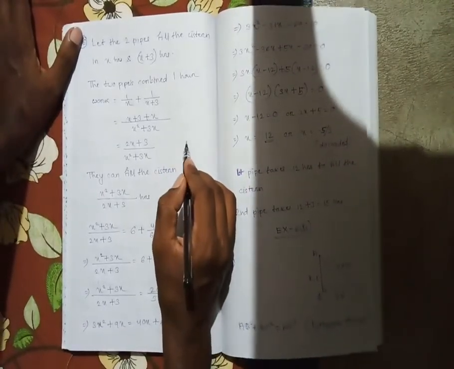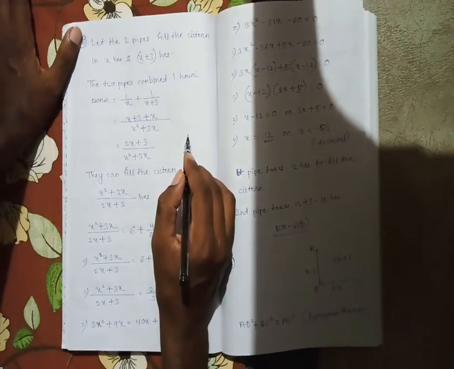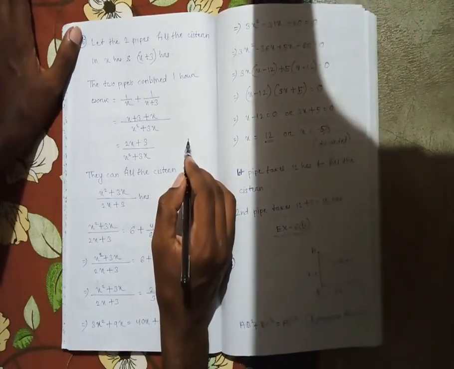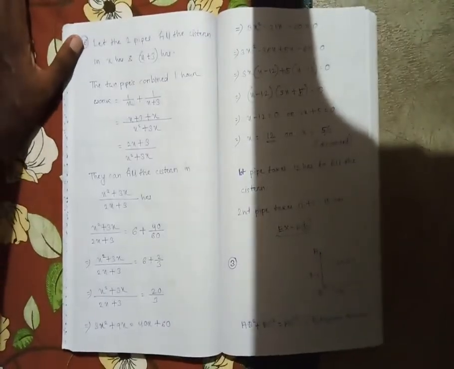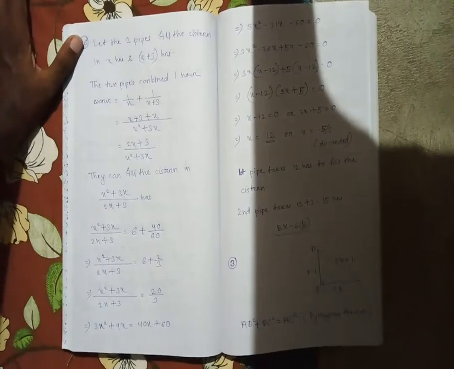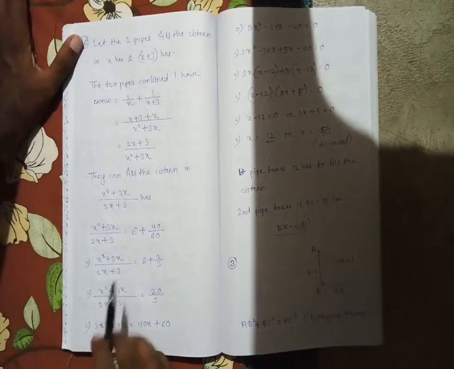If 1 hour work is equal to A by B, then the work can be completed in B by A hours. Similarly, if 1 day work is equal to A by B, then the work can be completed in B by A days. Always take the reciprocal. So I have taken the reciprocal.